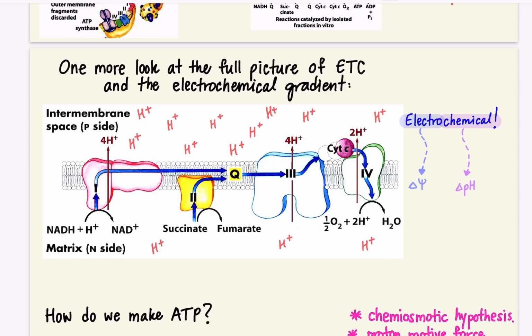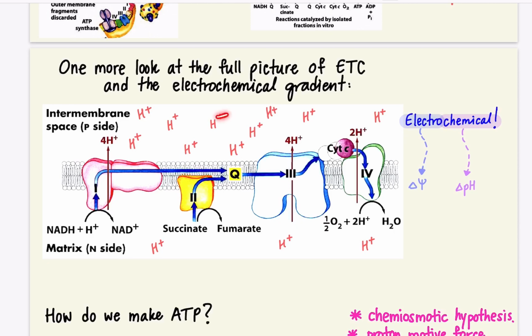By making this forced pumping of protons, we make what's called an electrochemical gradient. And I've highlighted electro and chemical separately because they mean different things. Okay, there is an electrical gradient along this inner membrane. And why electrical?